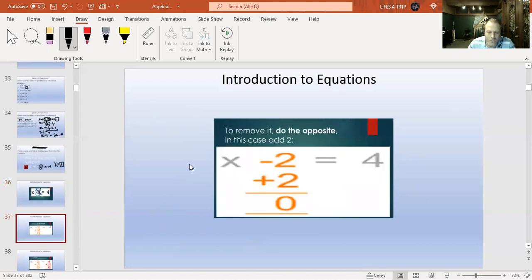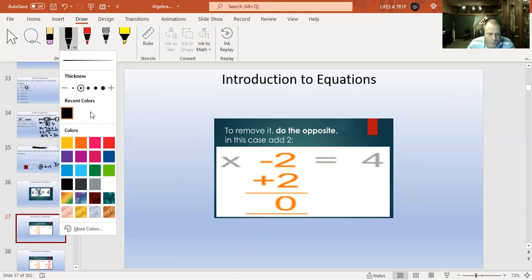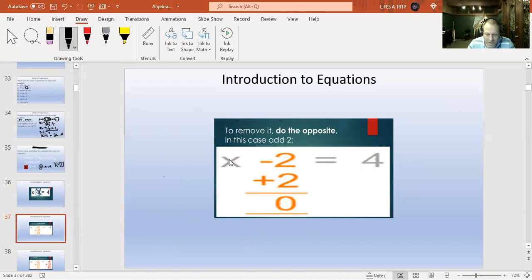So how can we remove the 2? We will do X minus 2, which is in our problem, equals 4. And remember the cancellation, the elimination method, that we had in one of our first videos.